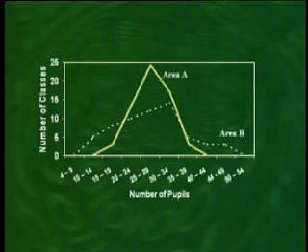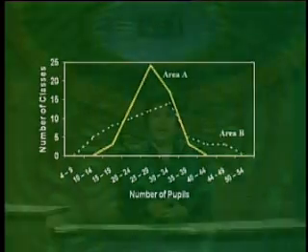As you now see on the screen, the spread of the distribution for area A is much less than the spread of the distribution for area B. But as I just mentioned, the average value, that is the arithmetic mean for both the distributions, is identical, and that is 27.33. Now it is clear that these distributions are not identical, in spite of the fact that the arithmetic mean is the same.